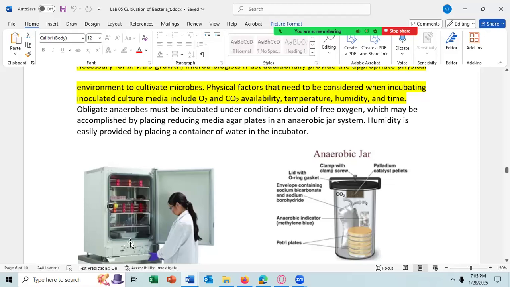They don't have all these dials and knobs on it. But you can have a more complex incubator. This one here has dials and knobs to control how much oxygen is in the incubator to expose the cells to. And then the other dials and knobs are to control how much CO2 is in the incubator and how much CO2 is being exposed to the bacteria. You would want an incubator like that for growing something like Neisseria gonorrhoeae.